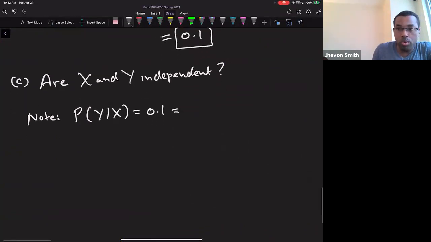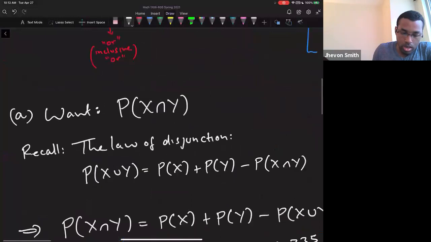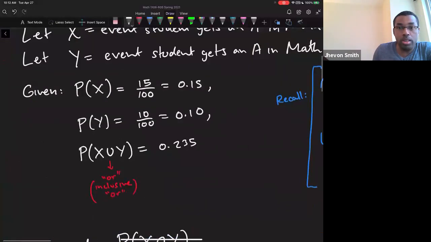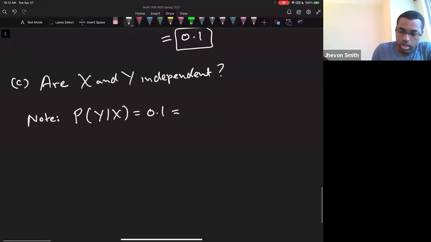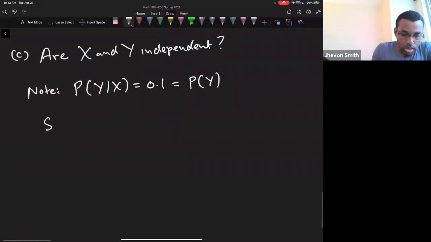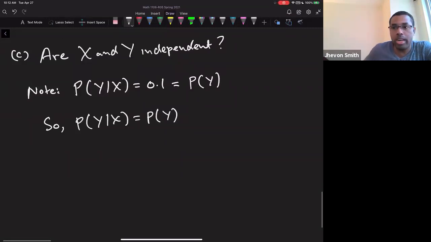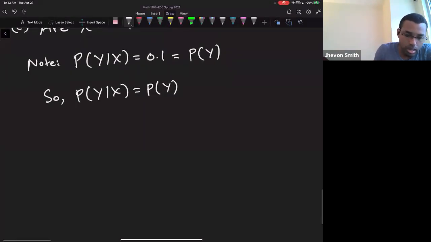And we've seen that 0.1 before. Notice that that is also the probability of Y. So this happens to give us the same number as the probability of Y. So the probability that Y occurs given that X occurs is just the probability that Y occurs, which means I don't care whether X occurred or not. The probability of Y is not going to change. So yes, they are independent.